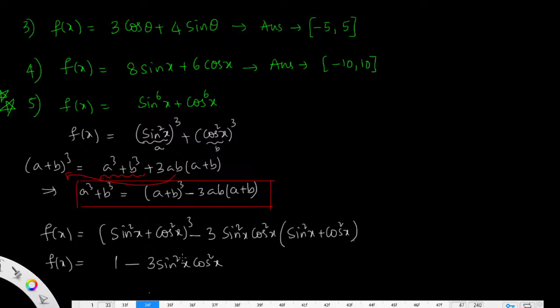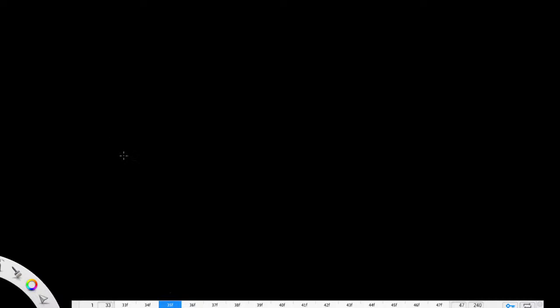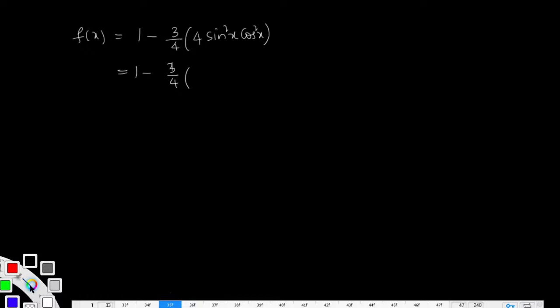1 by 4 comma 1. Yes, correct, Nana. Sharwani, yes, right. So, let f of x equal to, just multiply and divide by 4, 4 sin square x into cos square x. So that is the value 1 minus 3 by 4 into what I have done here. Just multiply and divide by 4 to get the value for sin 2a.